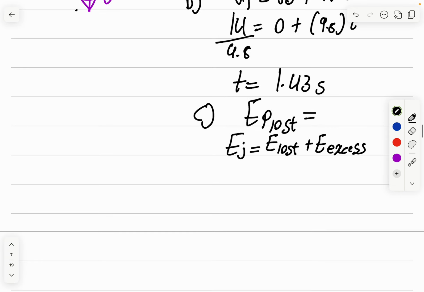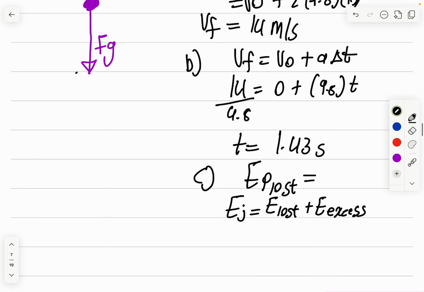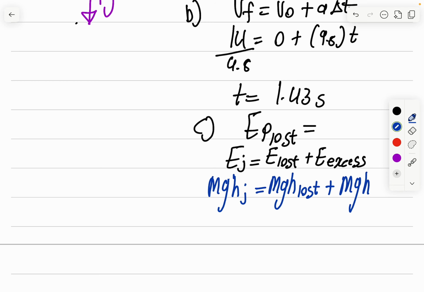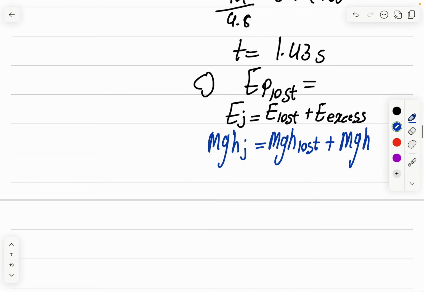Understand? So let's check, the potential energy initial is here. So our potential energy initial is going to be mgh initial. Here is going to be mgh lost, ne? Plus mgh excess. Excess is where? Here at the bottom is the one that is remaining.